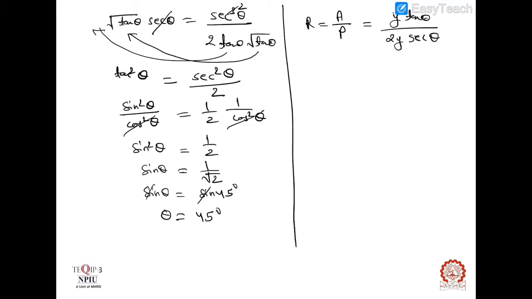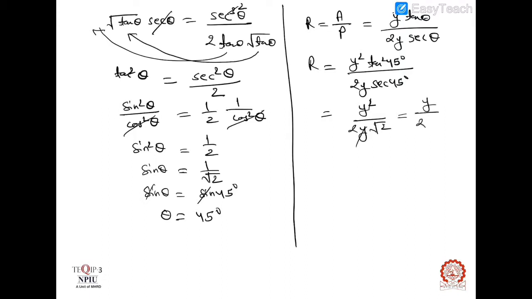Substitute this theta value here: y square tan 45 degree divided by 2y sec 45 degree. Tan 45 is 1 and sec 45 is root 2. So for the most economical triangular channel, the hydraulic mean depth is y divided by 2 root 2 and the side slope theta is equal to 45 degree.